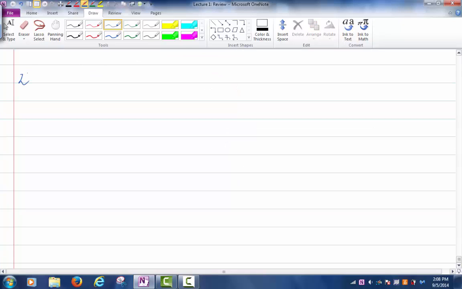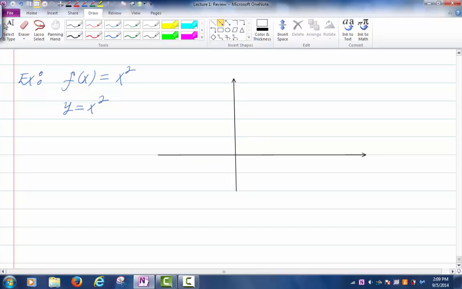Let's look at another example. What's the graph of f of x equals x squared? Well, that's the graph of y equals x squared. And I'm pretty sure all of you know what that is. So this will be what?